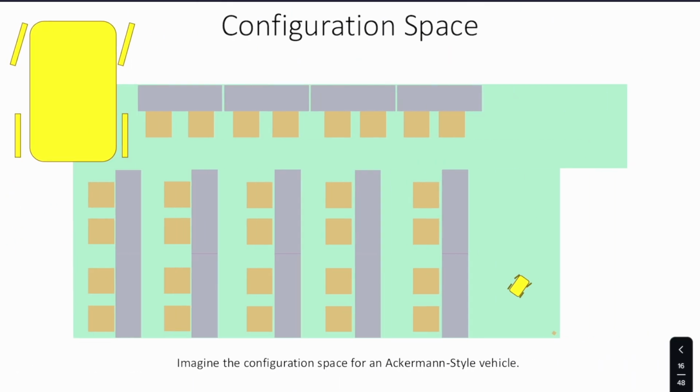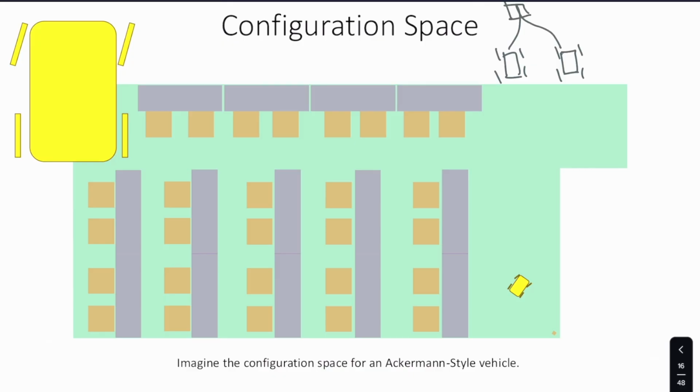But you might imagine something like an Ackermann steering style vehicle. That would be like any sort of car or SUV or any sort of vehicle you may have driven. If you have your car right here with your 4 wheels, and I want to be right here instead, I'd have to drive forward and then reverse backwards.